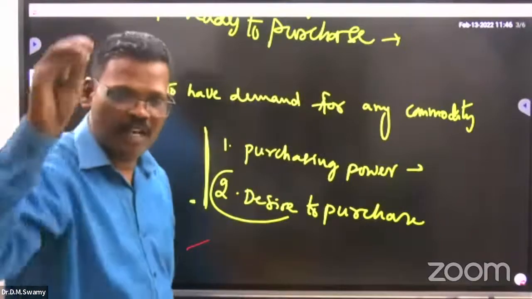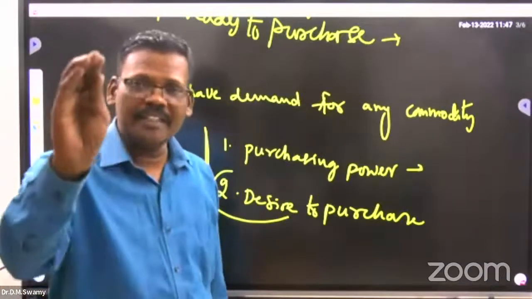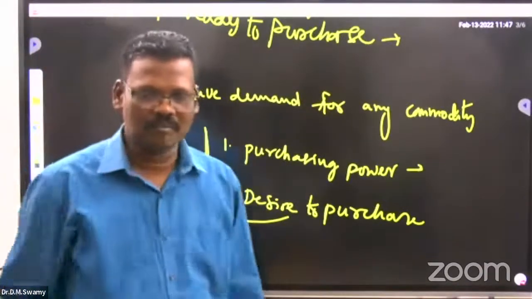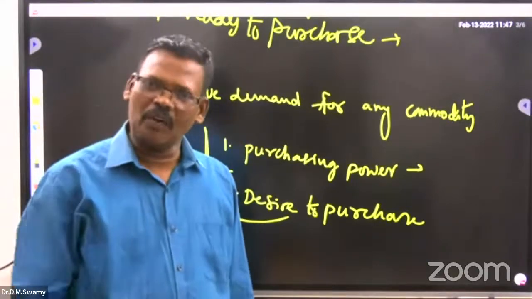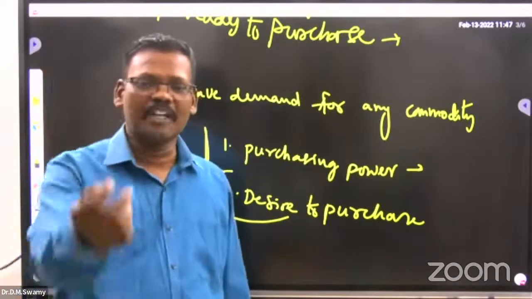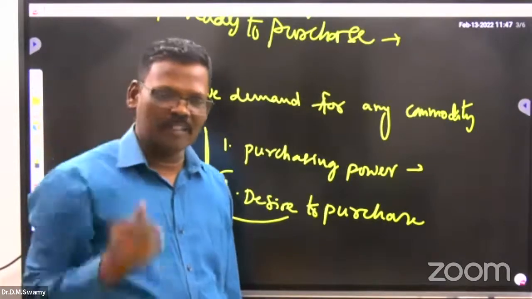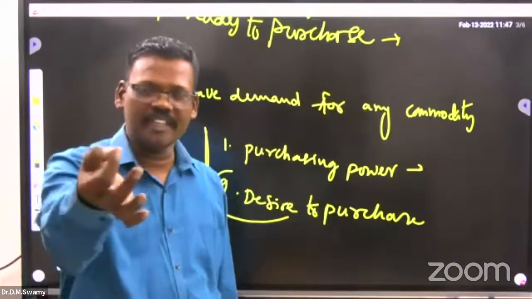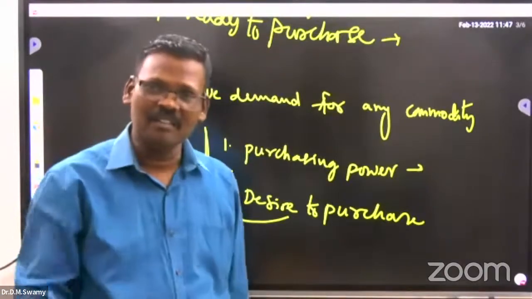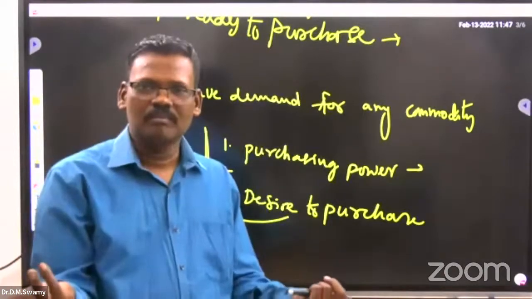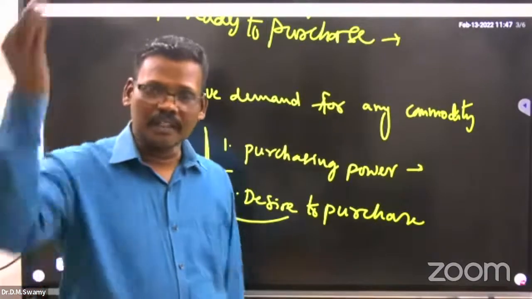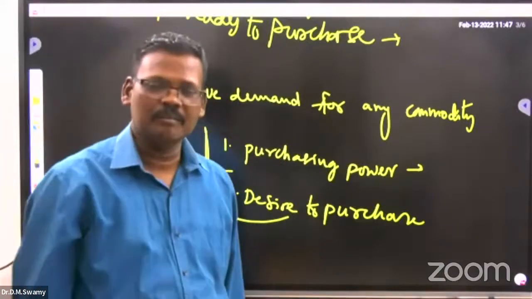Suppose you have a desire to purchase one car, but you don't have money. You have desire but no money with you. Can you purchase the car? No. Suppose you have some crores of money.